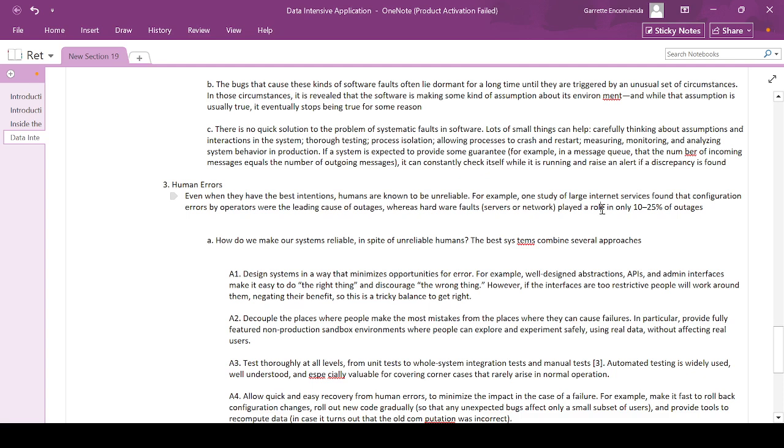A lot of small things can help. This is very important in software, and you can apply it in your daily life or in any field that you may encounter in the future: think in small things, like carefully thinking about assumptions and interactions in the system, thorough testing, and process isolation.